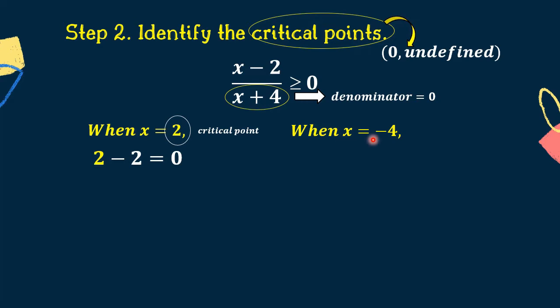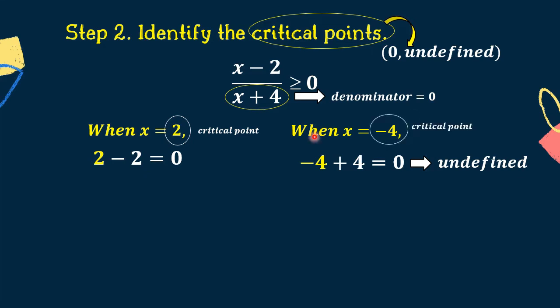For example, if we plug in negative 4 as the value of x, it will become negative 4 plus 4, and that is equal to 0. So when our denominator is 0, automatically it is undefined. So therefore, negative 4 is a critical point. So we have here critical points 2, positive 2, and negative 4.